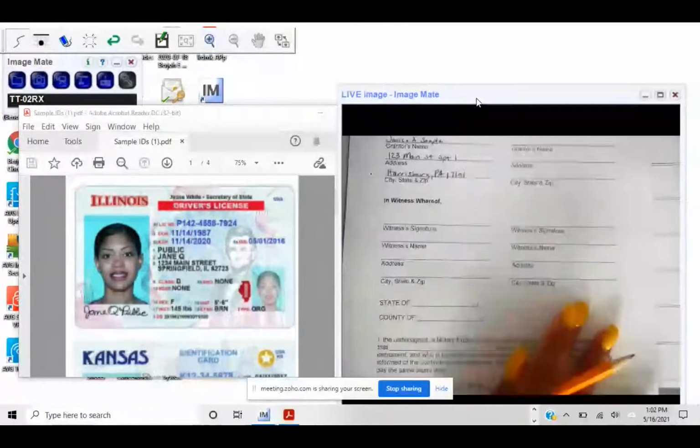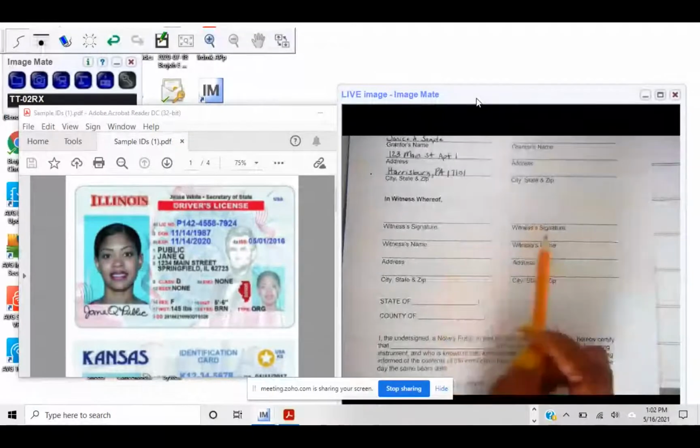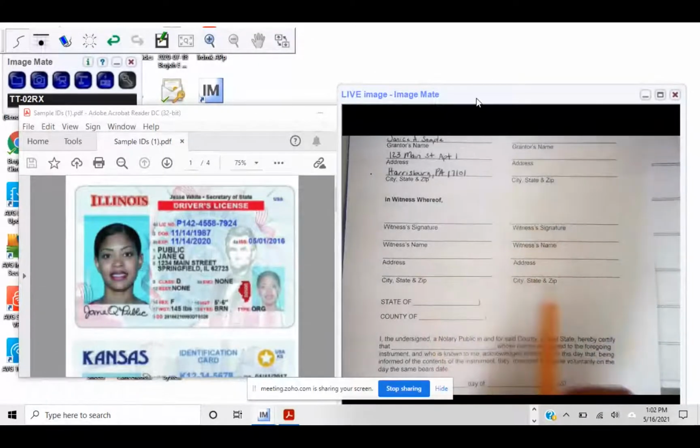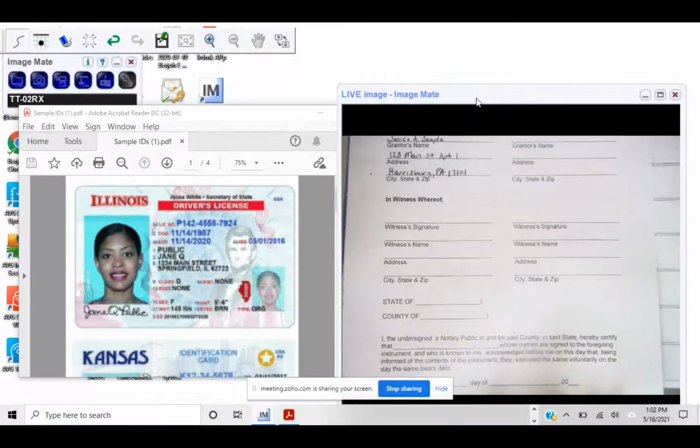We have the witnesses' signatures and information. They have to fill this out. You're going to have witness 1 fill it out, witness 2 fill out their information. Once that's complete, I want you guys to go ahead and fill out your notarial certificate.